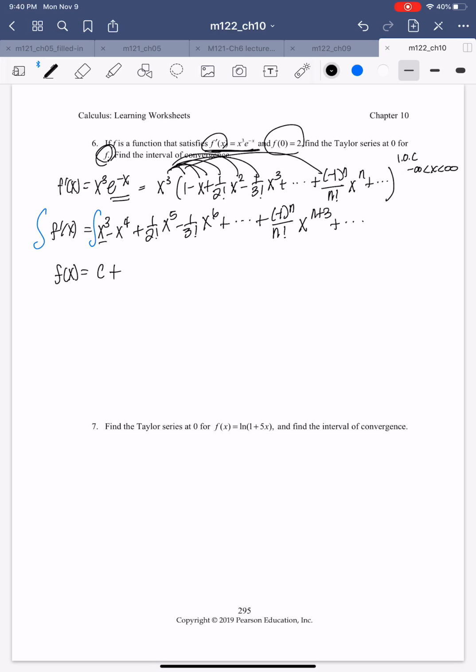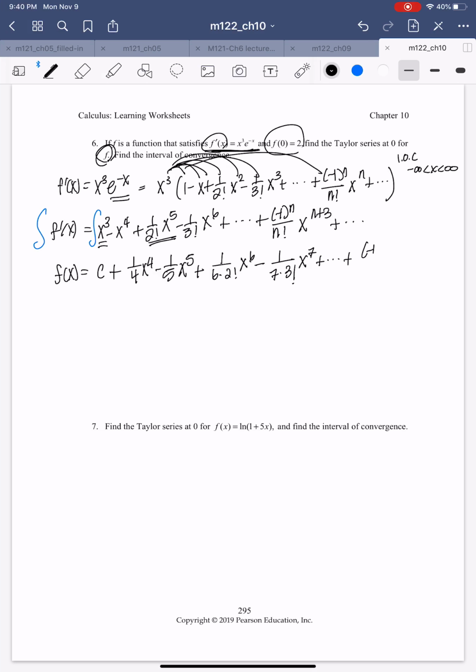First term will be x to the fourth divided by 4, minus 1 over 5 x to the 5. And then you have this over here, that's a 6, and then 6 times 2 factorial, so 1 over 6 times 2 factorial x to the 6. And then same thing, raise the power divided by new power, so 3 factorial x to the 7th.